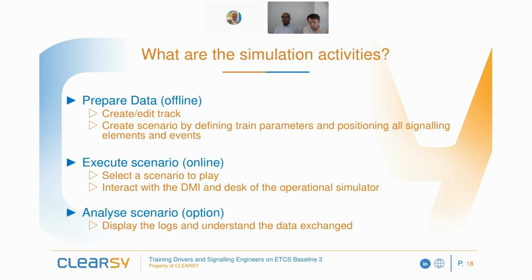Signaling elements are, for example, where there will be a transmission by balises or loop or by radio, and events are, for example, incidents which can happen, for example, a loss of radio failure.